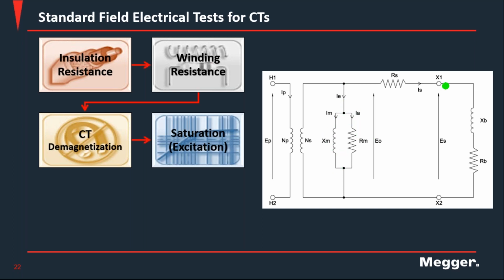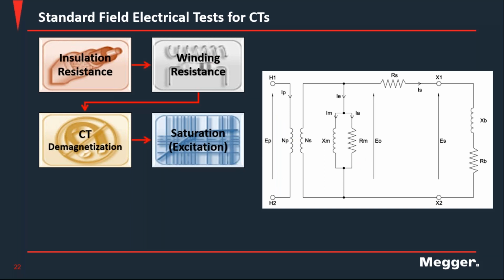The test consists of applying AC voltage through the secondary terminals, and as this voltage is increased, we are measuring the excitation current, the current that will circulate through this branch due to the voltage that is being applied. And the terminals on the primary side need to be open for this test.